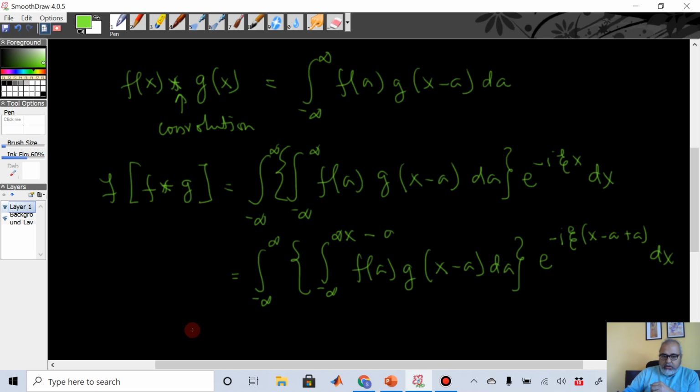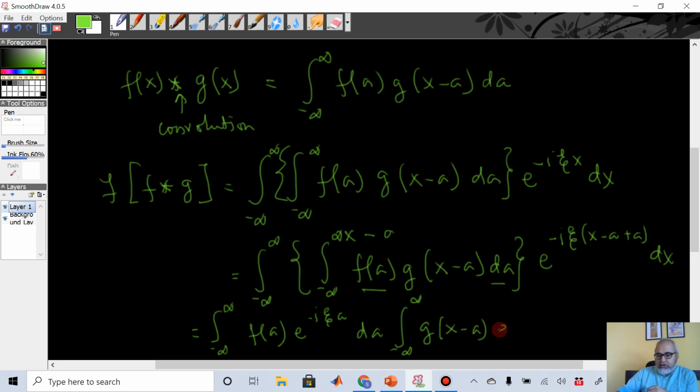Okay, now take this f(a), this is a function of a. Take this function of a, e to the power minus i zeta a, from here, and then this da into 1, and then we have another one which is g(x minus a) e to the power minus i zeta (x minus a) dx.